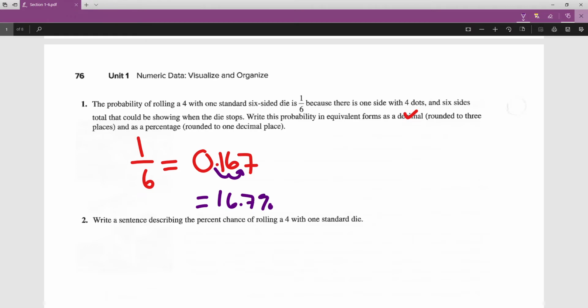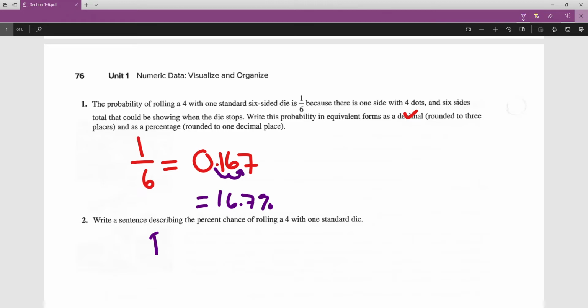Number 2 says write a sentence describing the percent chance of rolling a 4 with one standard die. You have a 16.7% chance of rolling a 4, which means that rolling a 4 will occur about 16.7% of the time.